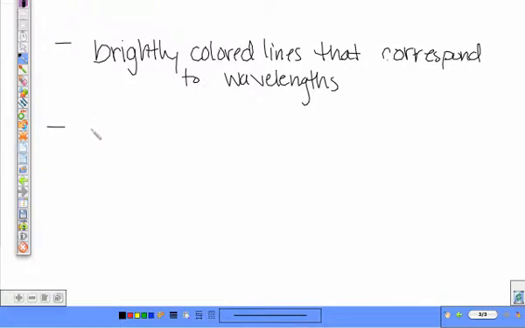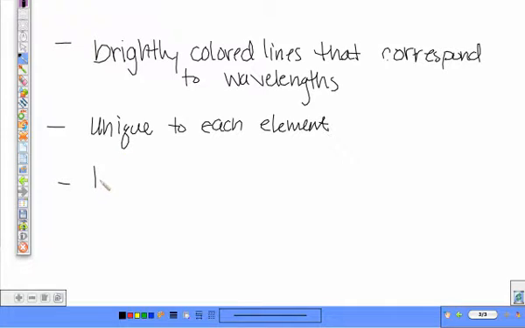And the line spectrum is unique to each element, just like the colors that we saw in the flame tests were unique to each of those metals.